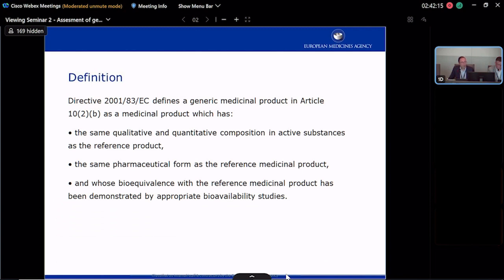So, according to the Directive 2001/80/CEC, a generic medicinal product is a medicinal product which has the same qualitative and quantitative composition in active substance as the reference medicinal product, the same pharmaceutical form as the reference medicinal product, and whose bioequivalence with the reference medicinal product has been demonstrated by appropriate bioavailability studies.